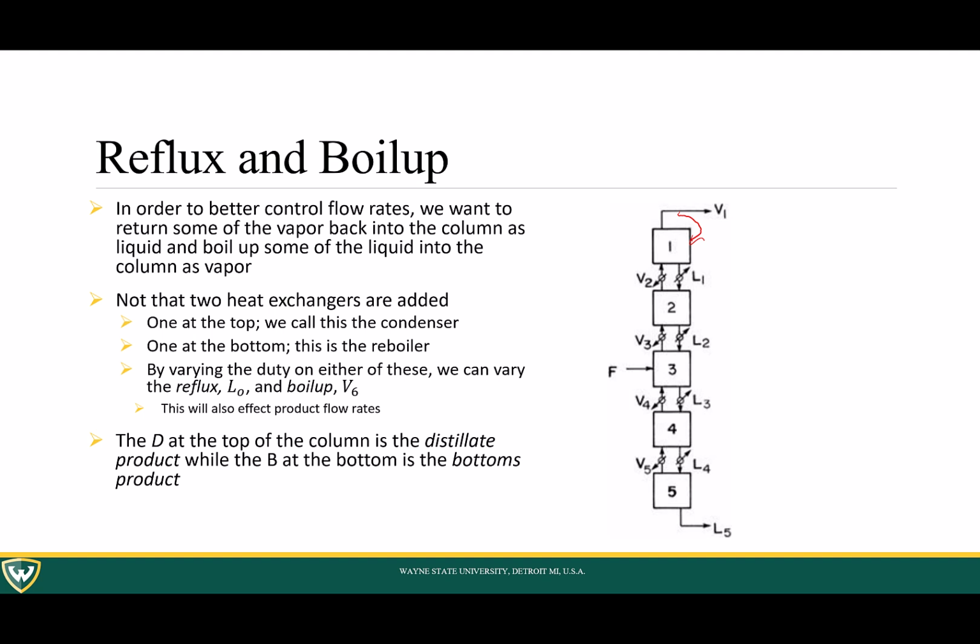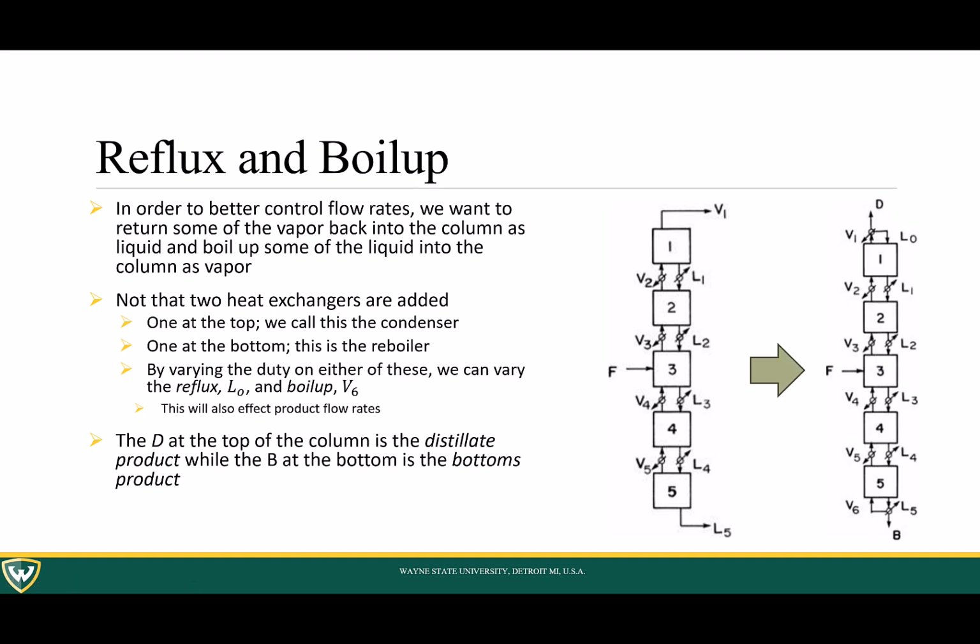If we condense some of this vapor into liquid and put it back in, we can get better control of our overall flow rates. Same thing for the bottom: if we boil up some liquid and send it back up as vapor, we can create a better degree of separation. How we do that is we add two heat exchangers, one at the top and one at the bottom.